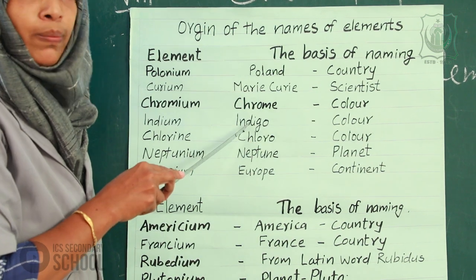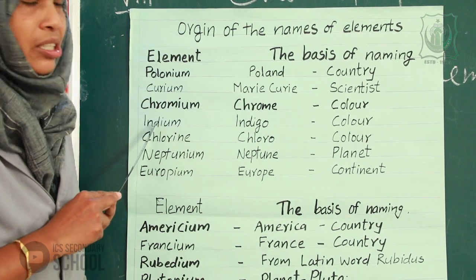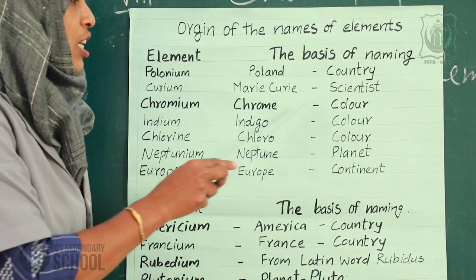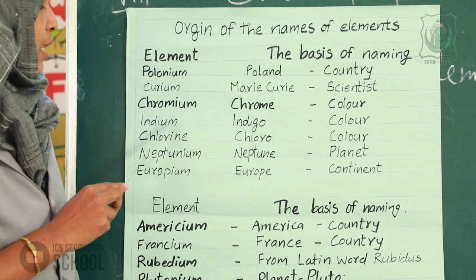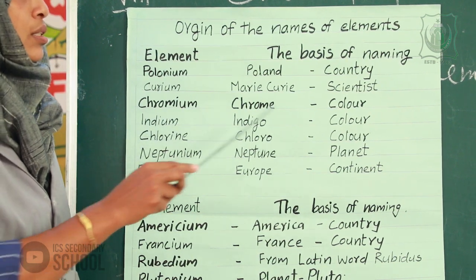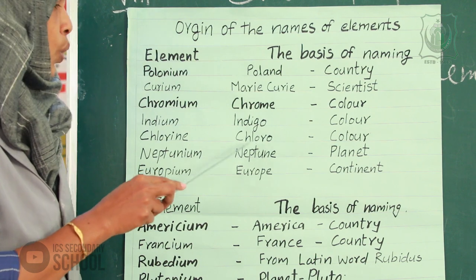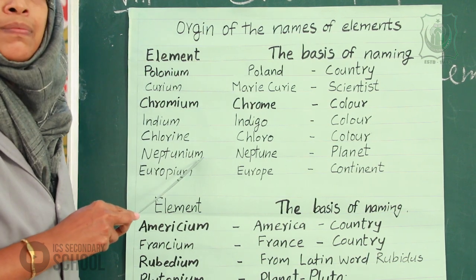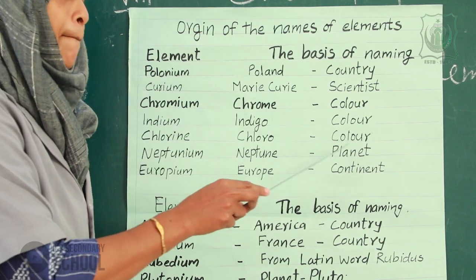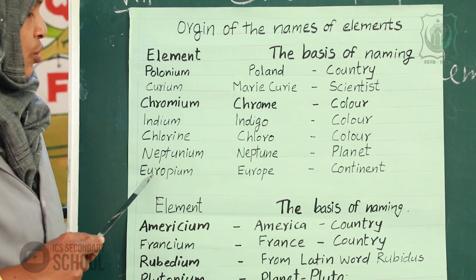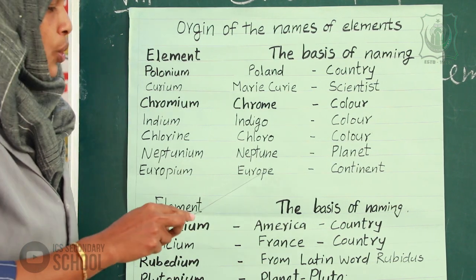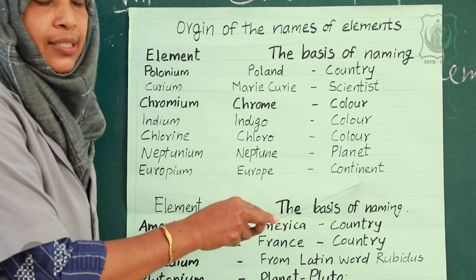Color chrome. Next one, indium. Color indigo. Next one, chlorine. Color chloro. Neptunium. Neptune, planet. Next one, europium, Europe, continent.